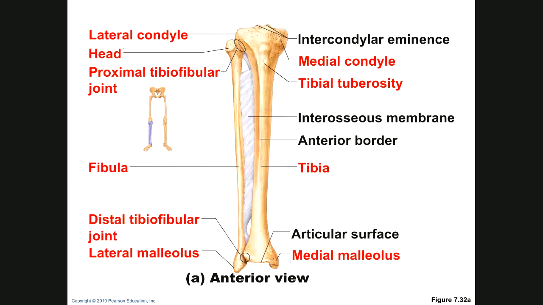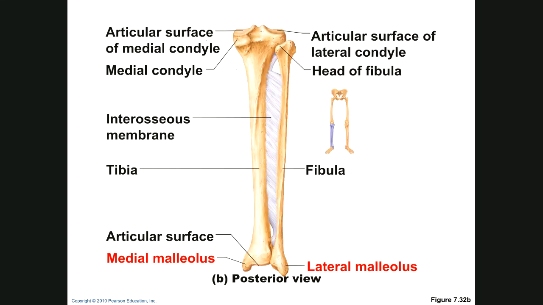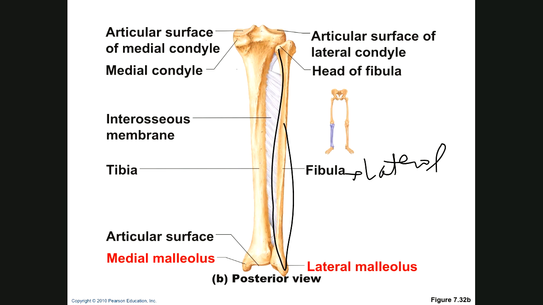These are the leg bones, the tibia and the fibula. The fibula is going to be lateral versus the tibia, which is going to be towards medial, center medial.